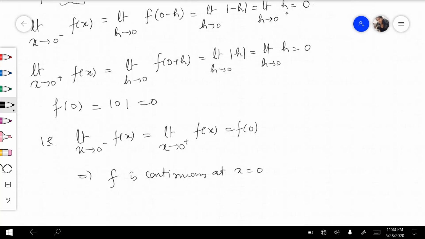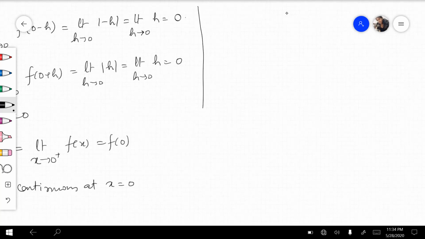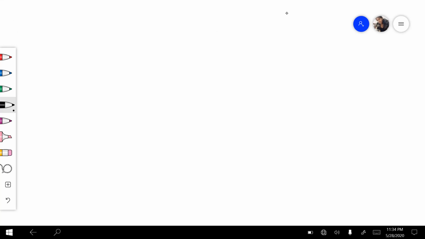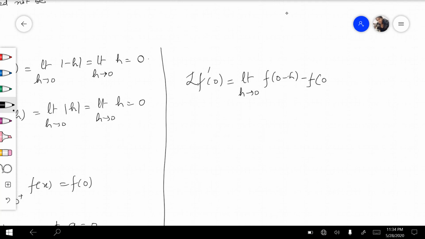Let's check out whether this function is differentiable at 0 or not. For that, we're calculating the left hand derivative at 0, which is equal to limit h goes to 0 of f of 0 minus h minus f of 0 upon minus h. ये किसके इक्वल आ जाएगा?